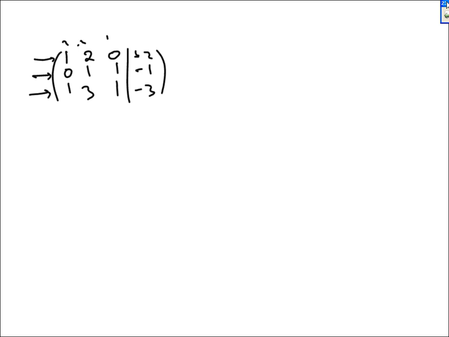And you say, you know what? I don't like elimination. Well, first of all, you're going to have to find the inverse, so you're going to have to reduce anyways.